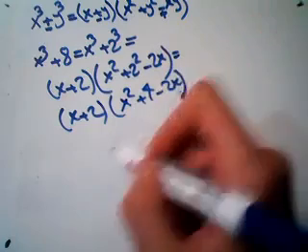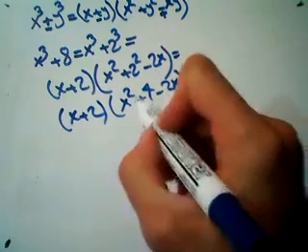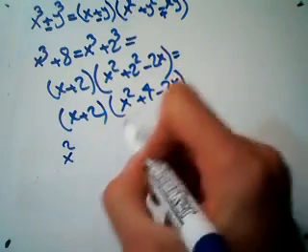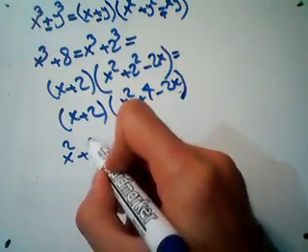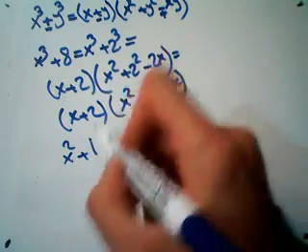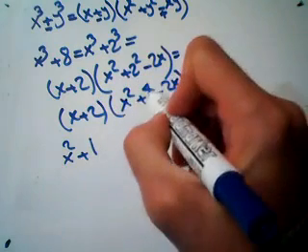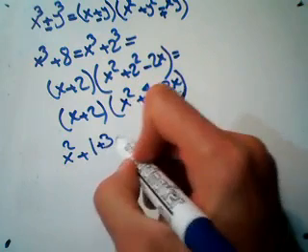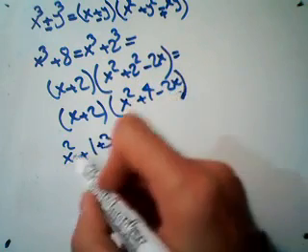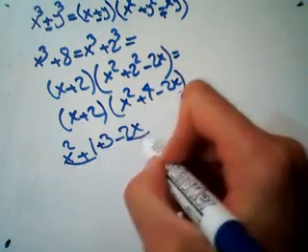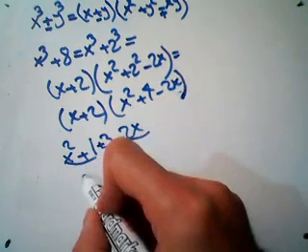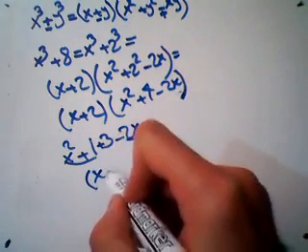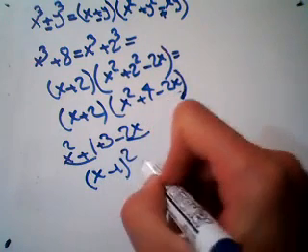Because it is x squared plus 4 minus 2x, and we can write this 4 as 1 plus 3, so it is x minus 1 squared plus 3.